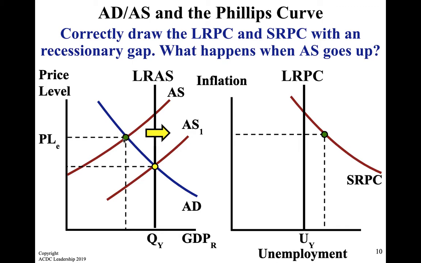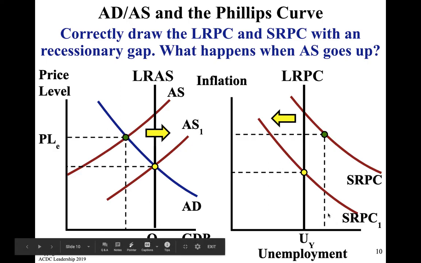Green dots are the original equilibrium, yellow will be the new. Note, price level decreased, but output increased. So we need to reflect that when we shift our short run Phillips curve. It will need to shift to the left. Inflation, we had deflation, it decreased, and unemployment decreased as well.